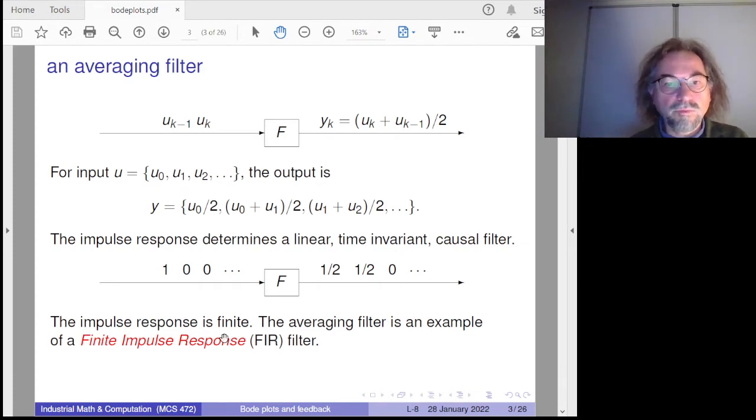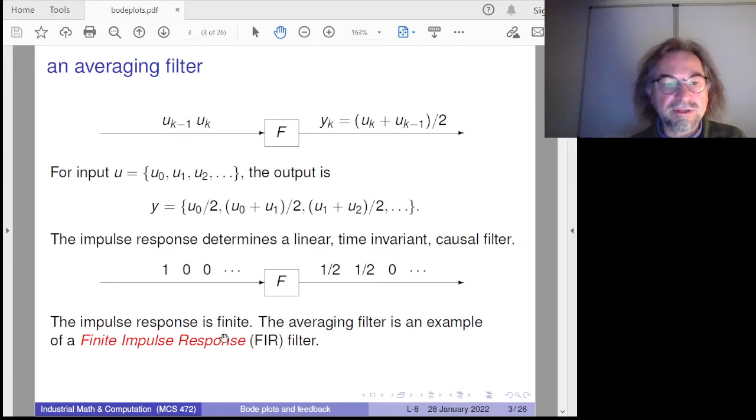So we have seen as our first theorem in the previous lecture that if we know the response of the unit impulse, so here you see what the signal does to the signal 1 0 0 0 0, that's the unit impulse, that the impulse response determines a linear time invariant and causal filter.